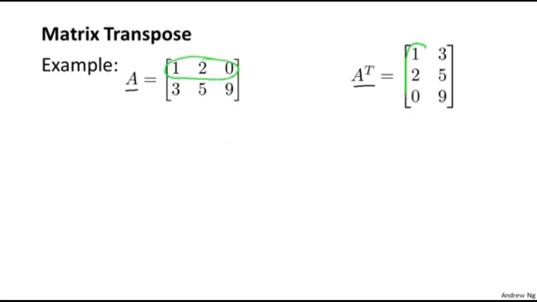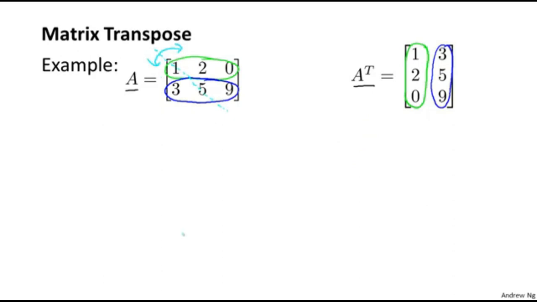That becomes the first column of the transpose. And then I'm going to take the second row of A, 3 5 9, and that becomes the second column of the matrix A transpose. And another way of thinking about how to compute the transpose is as if you're taking this sort of 45-degree axis and you're mirroring or flipping the matrix along that 45-degree axis.